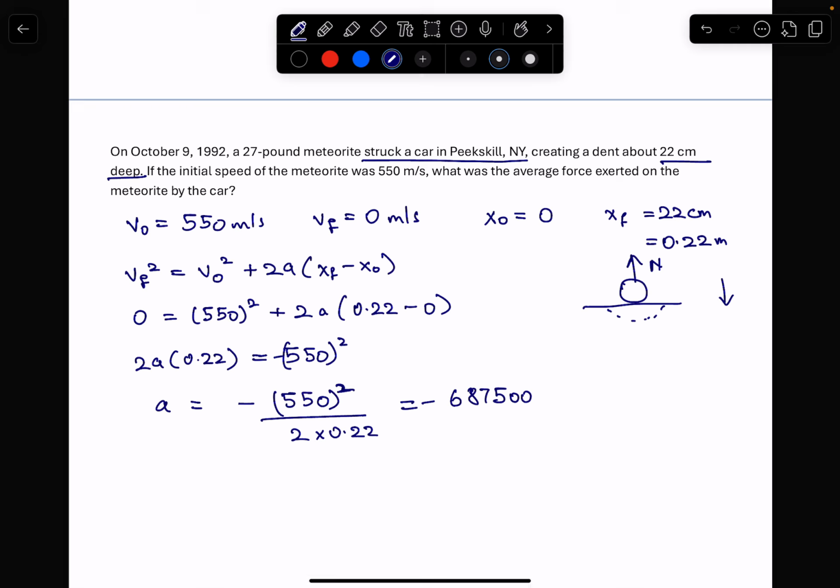So the acceleration is opposite to the velocity. Because we selected the velocity as positive, the acceleration is negative. So average force now is equal to my mass times acceleration. My mass is 27 pounds. Let me convert 27 pounds to kgs first.